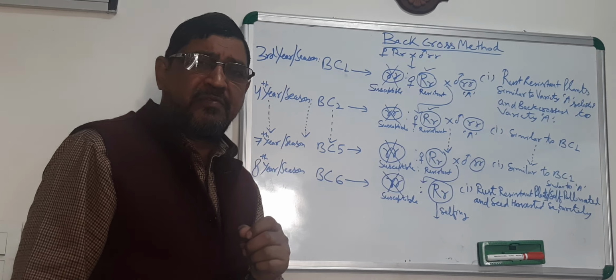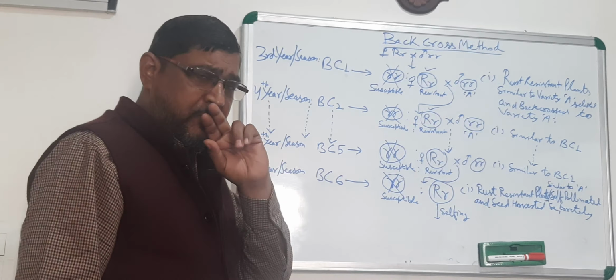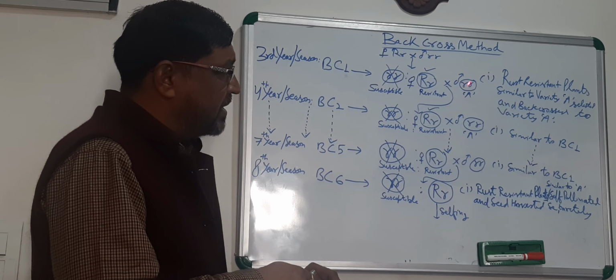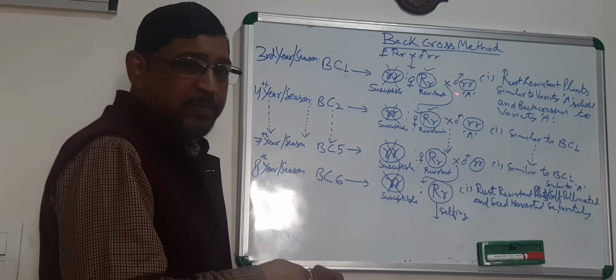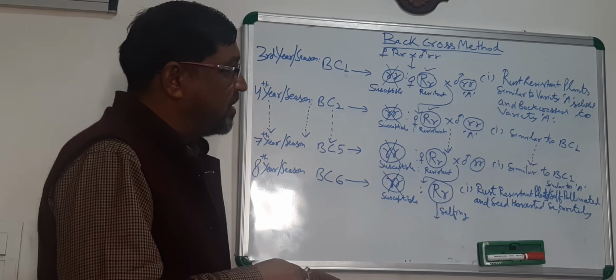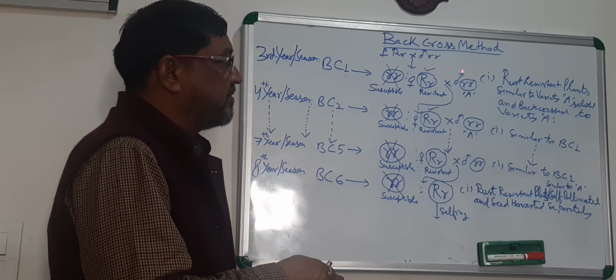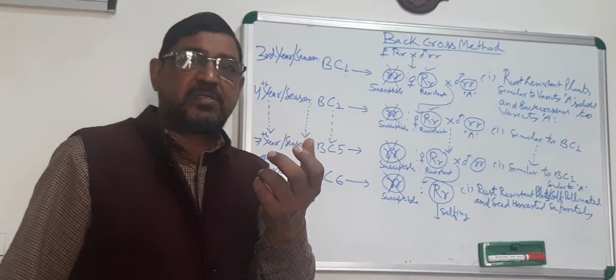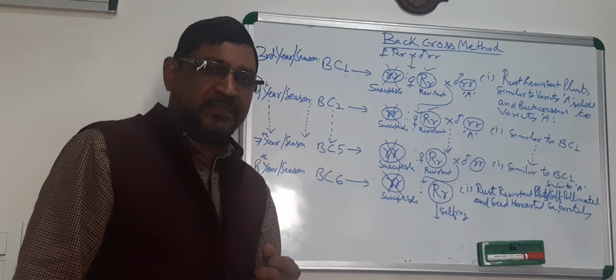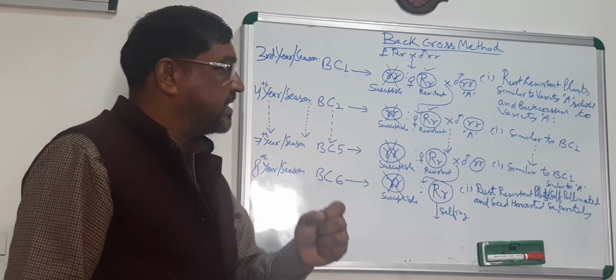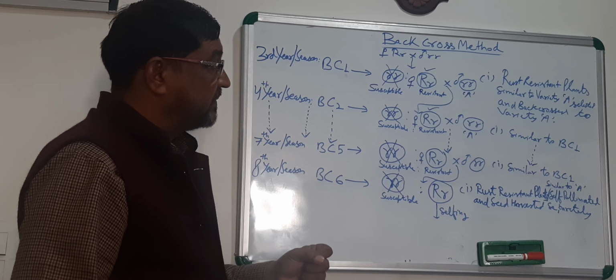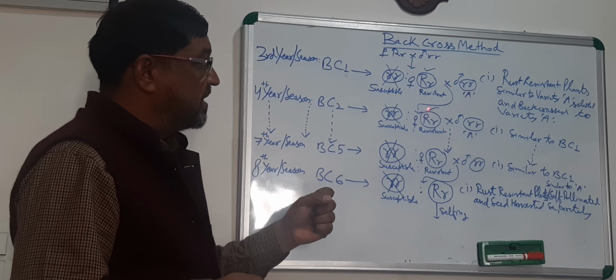One pencil is enough. You emasculate one pencil and you take pollen grains from the recurrent parent, which you have grown here also. You take pollen grains and pollinate with this. You have got 30, 40, 50 seeds. You harvest it to grow it in the next generation.